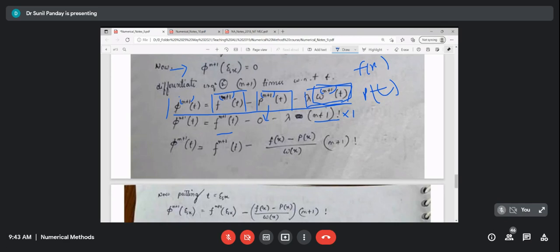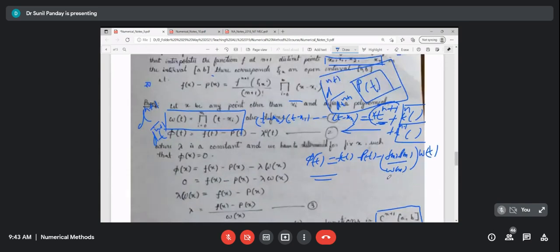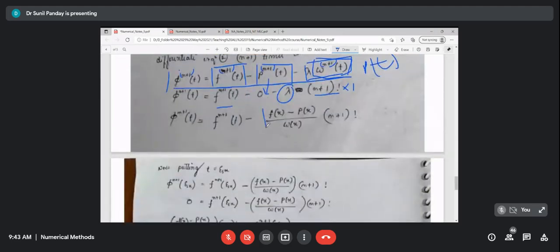So from here we can write the value of lambda. Lambda we have already calculated: lambda is (f(x) minus p(x)) upon w(x). So we substitute this value of lambda here, and then finally we have this.